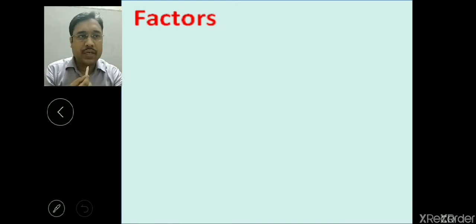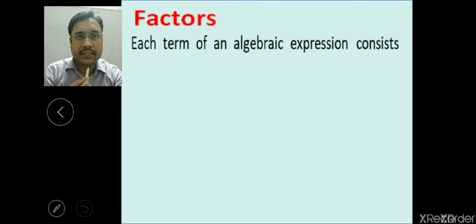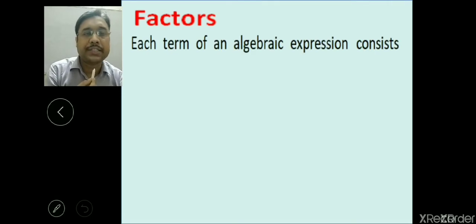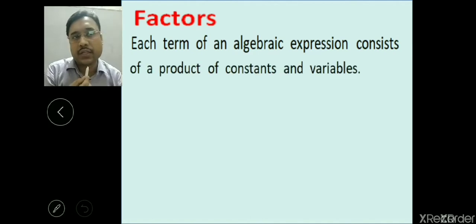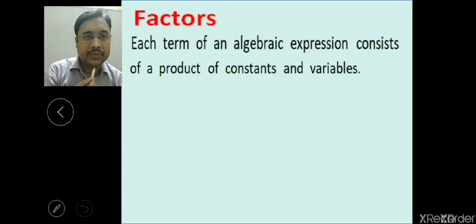We can define this like this: each term of an algebraic expression consists of a product of constants and variables. That means in each term constants and variables are multiplied. Maybe there is only a constant or only a variable. Understanding?